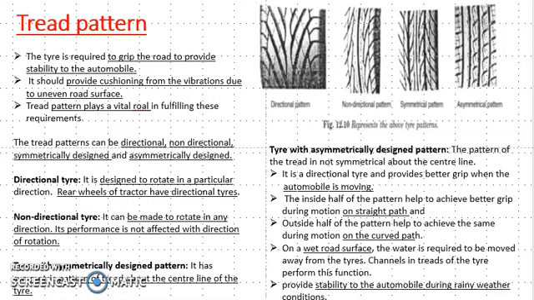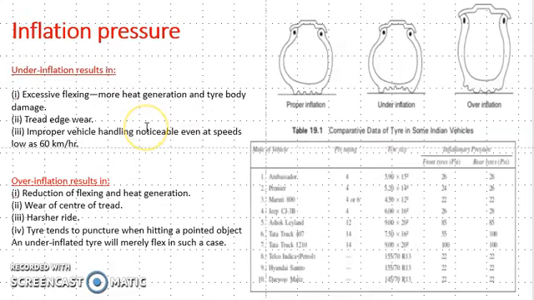We have discussed in the previous video, as well as seen, the inflation pressure, meaning what should be the tire pressure inside the tire on the front wheel and rear wheel. If the pressure is not proper, below proper inflation, then it is called under inflation.